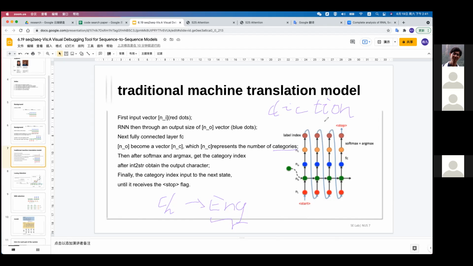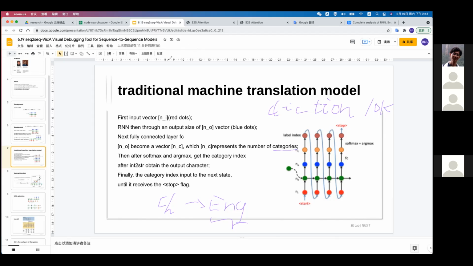So basically, Yufan's category just means the vocabulary, right? Yeah. After the softmax, it will predict which category, or which word, is the most likely to be generated. Suppose you have 10K categories, and after softmax the model finds the 10th category has a large probability like 0.6 or 0.8.